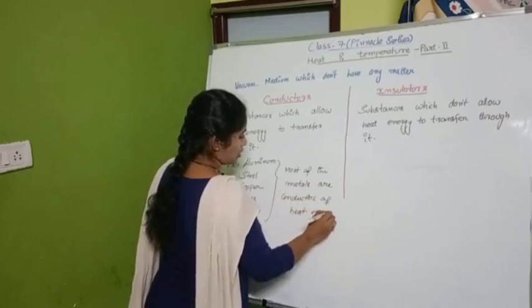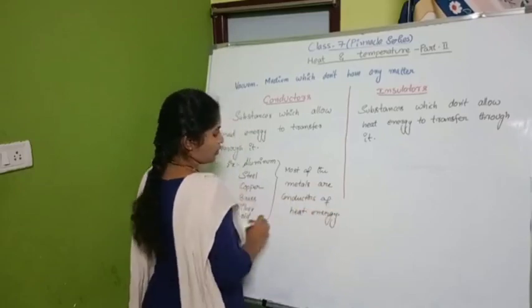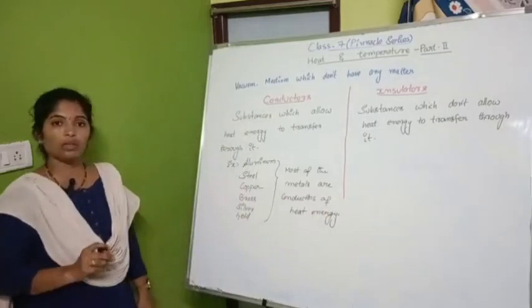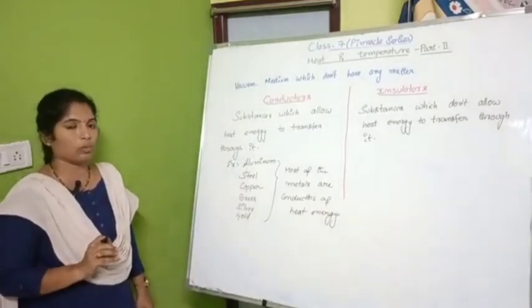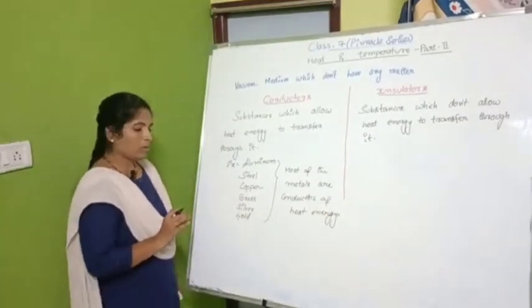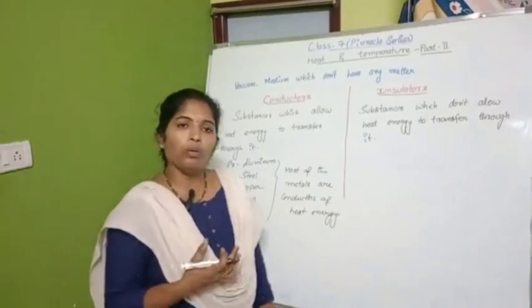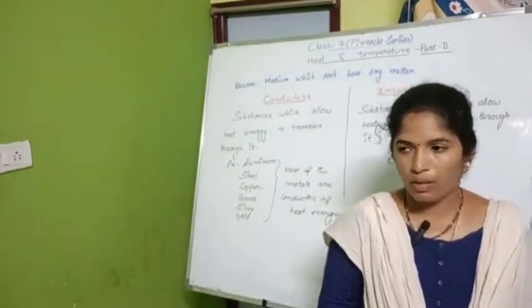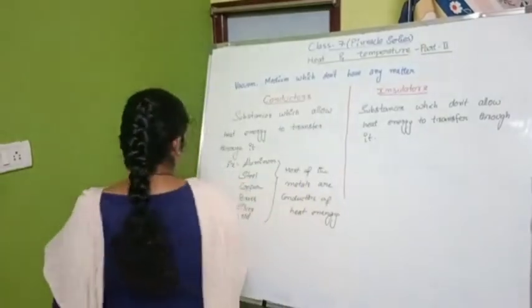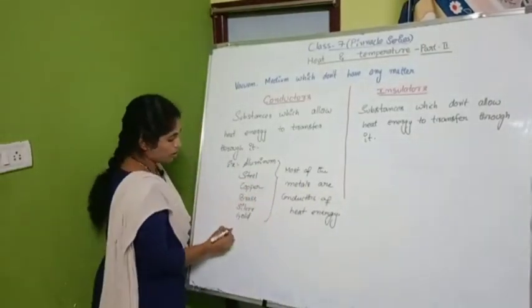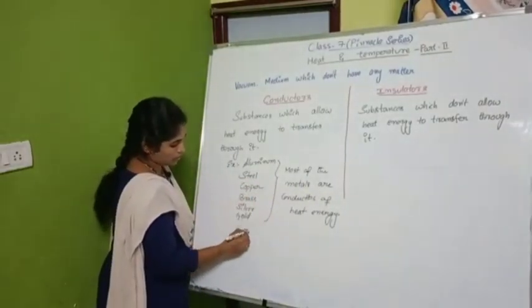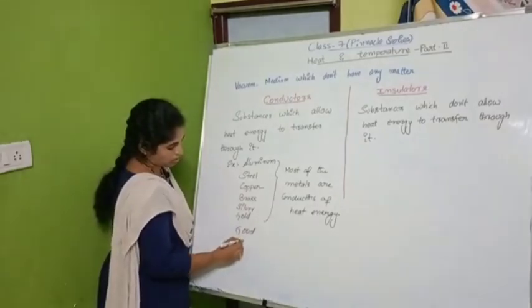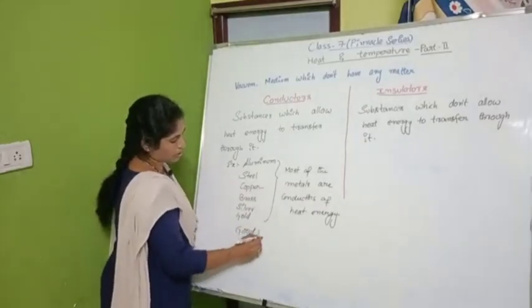Even in transferring of heat, conductors may be good conductors or poor conductors. Poor means, yes, they allow heat energy, but they allow very less. Right? Even conductors are two types: good conductors and poor conductors.